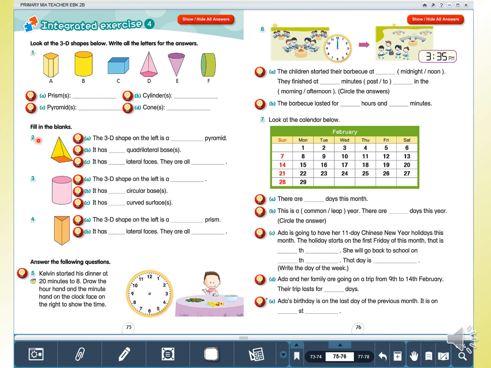For question number 2 and 4, when you're asked to fill in the word before the word pyramid or prism, we need an adjective in front, such as triangular, quadrilateral, etc. For part C, when you're asked to tell the shape of the lateral faces, we refer to the 2D shape, such as squares, triangles, rectangles. Remember to add s at the end if there is more than one.